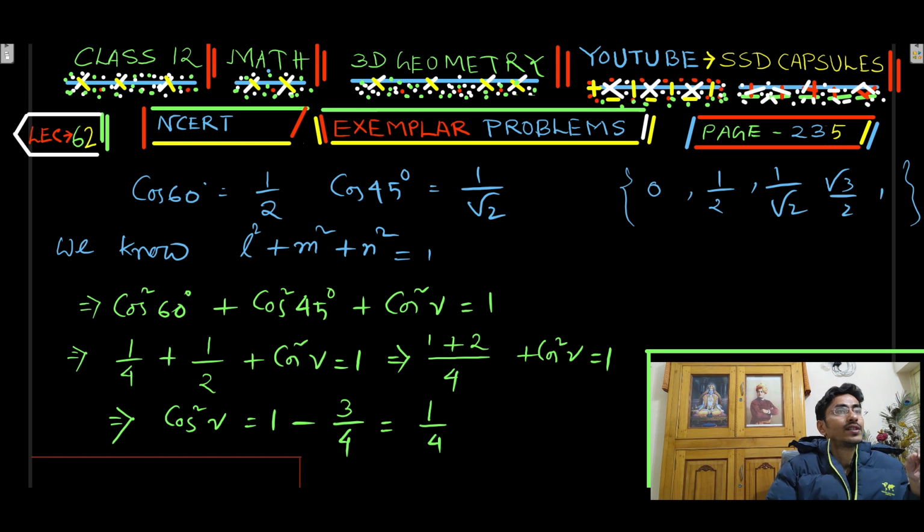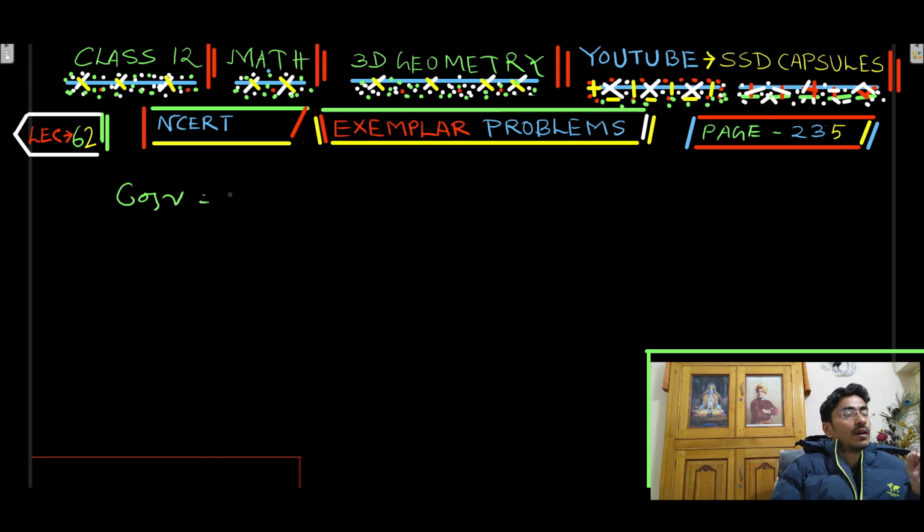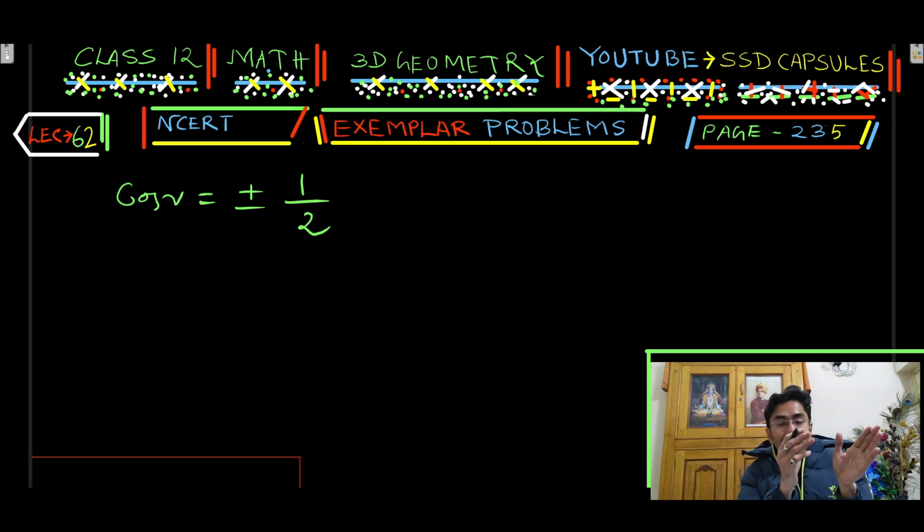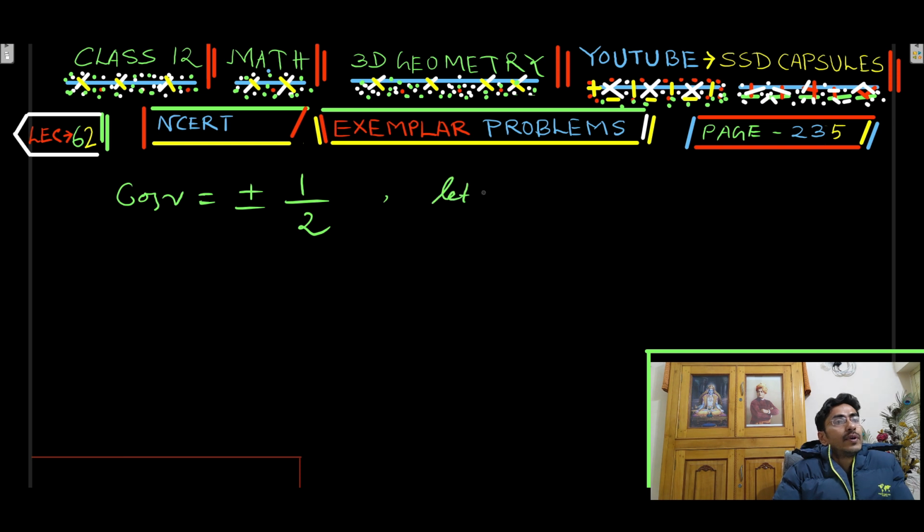Now, what is the value of cos gamma? Plus minus 1 by 2. See here what we have discussed, that any line has two sets of direction cosines. Here the value of cos gamma is plus half or minus half. So here we are going to take one value, the positive value. Let us take cos gamma equal to half.